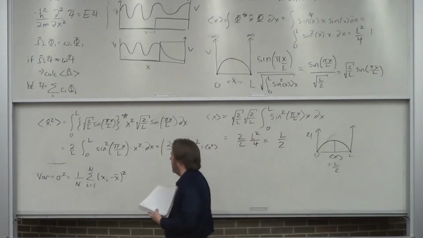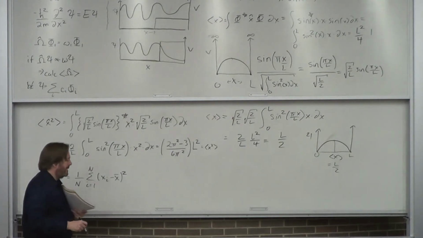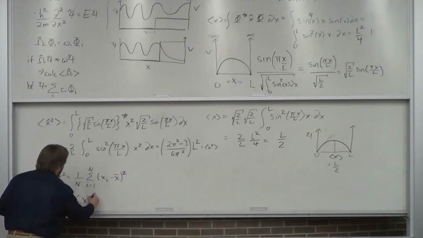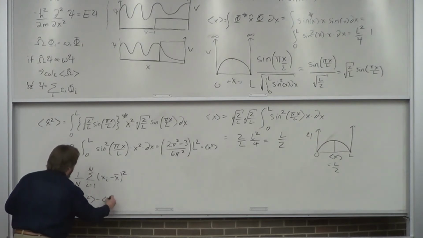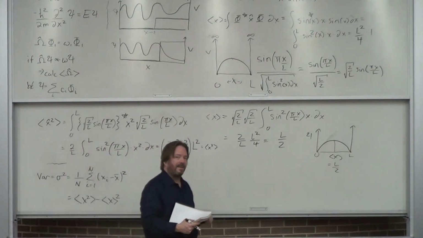Your error bar for when you're taking data. Guess what? Maybe you've seen this, maybe you haven't, but it's equal to this. This is usually the easier way to calculate it, by the way. The average of the square minus the square of the average.